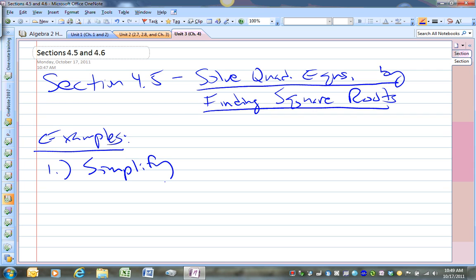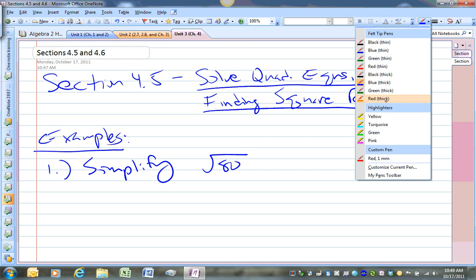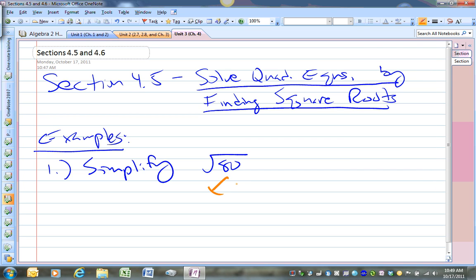Simplify. Say you're asked to simplify root 80. You may have done this in middle school. It's pretty simple. What you want to do is break it down into its prime factors. So you do a little prime factor tree.